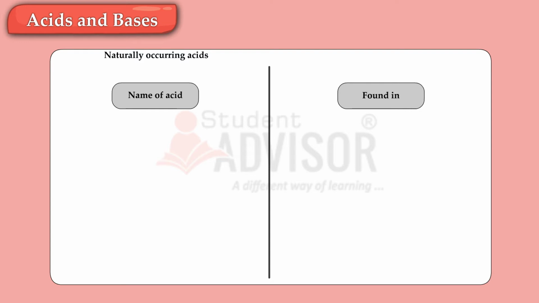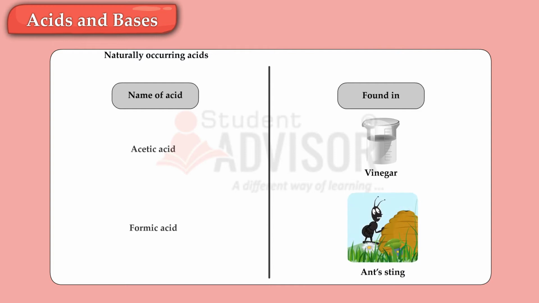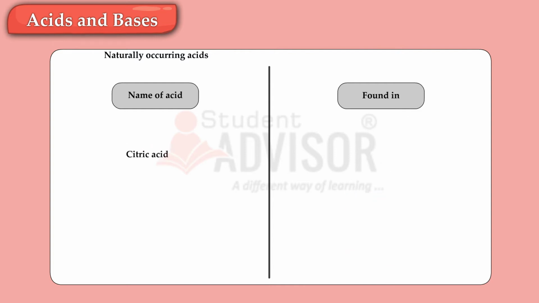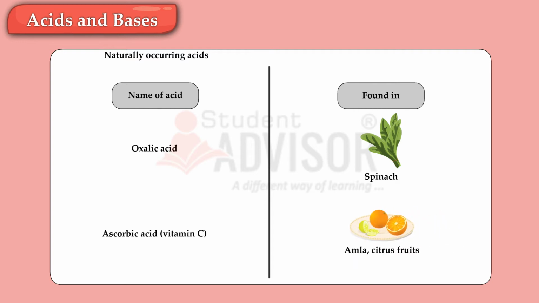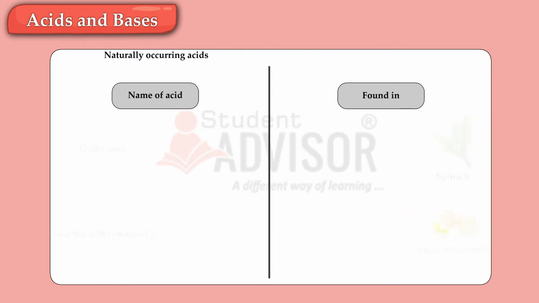Name of acid, found in: acetic acid, vinegar; formic acid, ants' sting; citric acid, citrus foods such as oranges, lemons, etc.; lactic acid, curd; oxalic acid, spinach; ascorbic acid, vitamin C, amla, citrus fruits; tartaric acid, tamarind, grapes, unripe mangoes, etc.